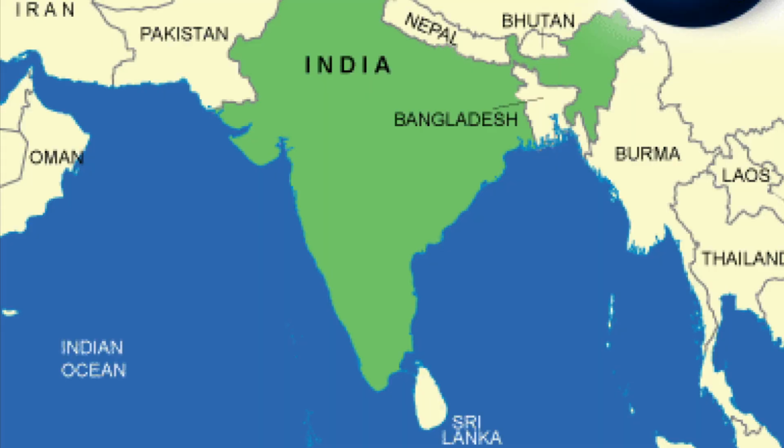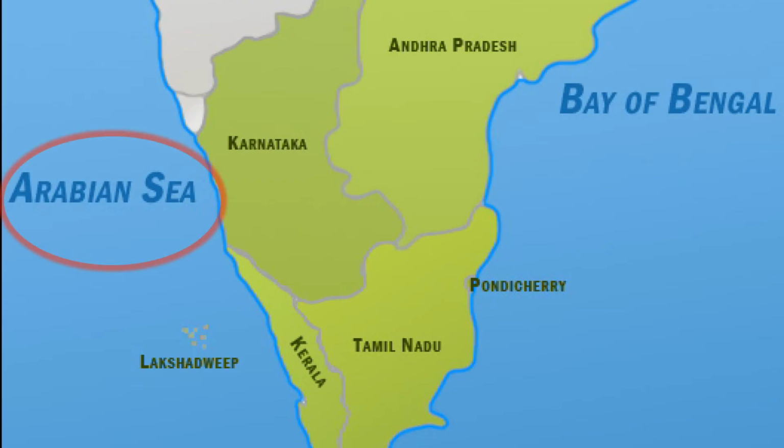Because of that, we could do trade not only on the western coast, so also on the eastern coast. The western margin, that is the Arabian Sea, connects the West African countries, so also USA and England, whereas the eastern coast connects the Southeast and East Asian countries.